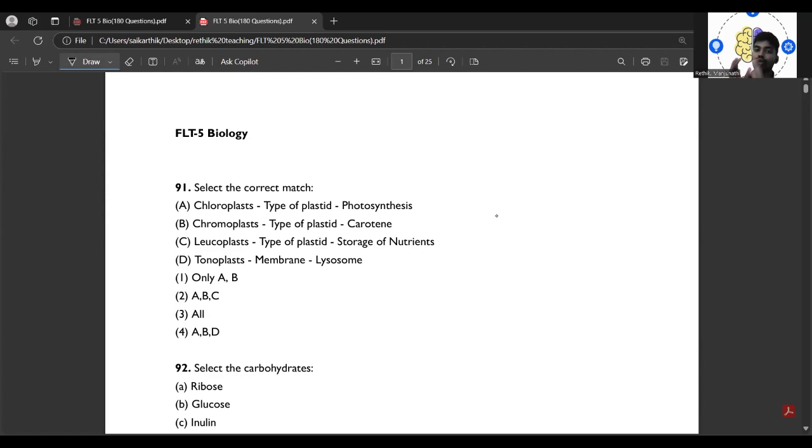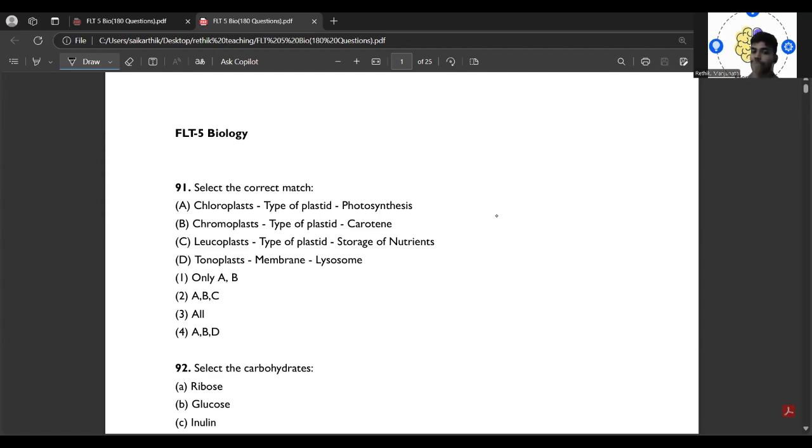The chromoplast is a type of plastid, carotene. The leucoplast is a type of plastid, storage of nutrients. The tonoplast is a membrane, lysosomes. So that is what they have given.